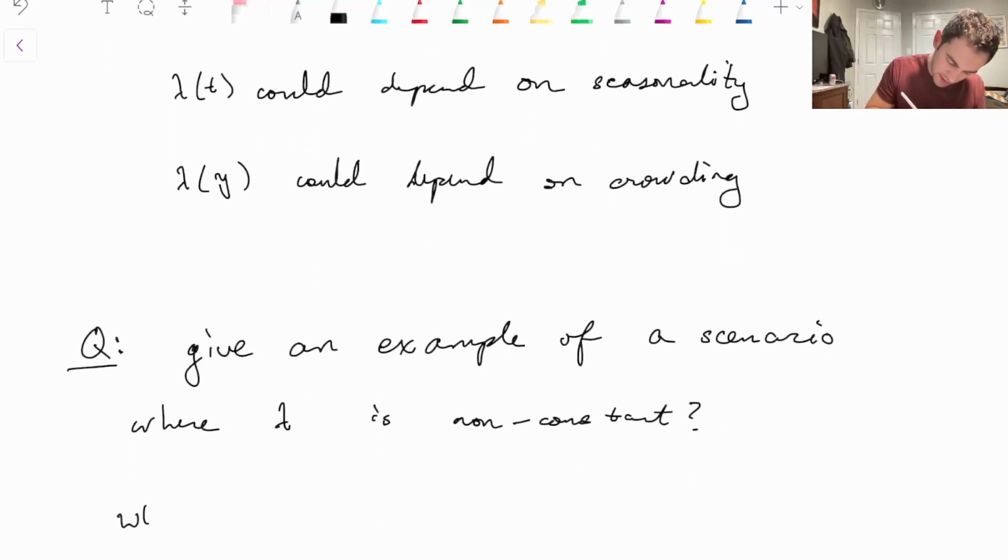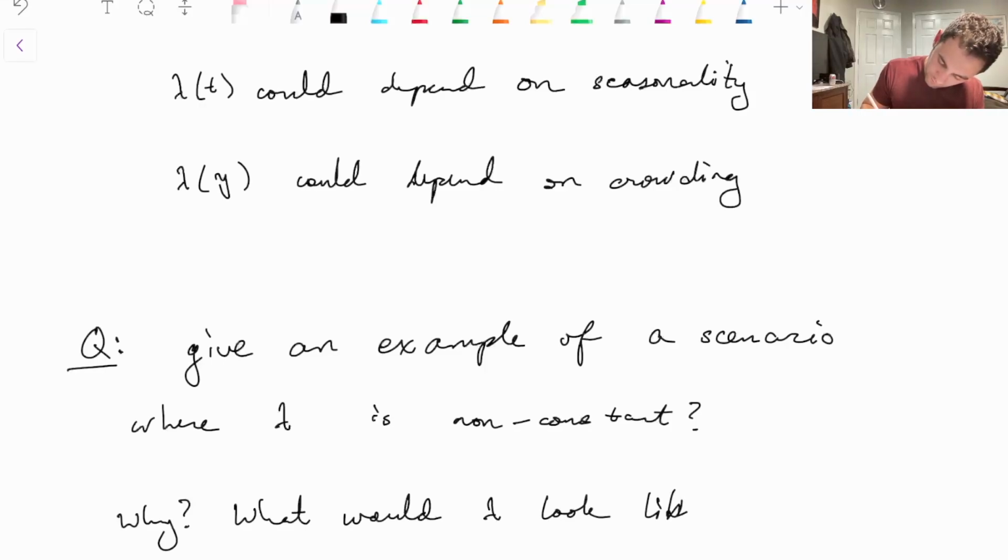Why is it non-constant? And what would lambda look like as a function of t, or maybe of y itself?